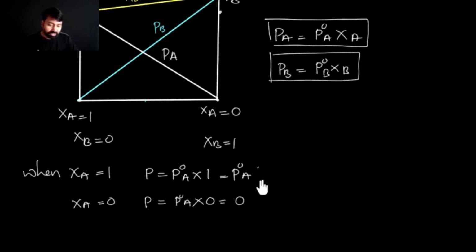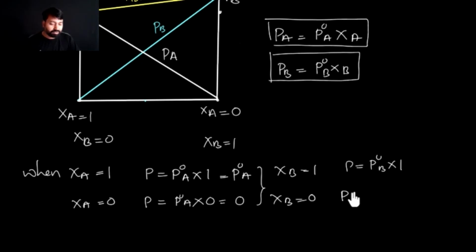The same thing we can write for B also. When xB equals 1, in that case P equals P naught B into 1. Or if xB equals 0, then P is equal to P naught B into 0, and we get 0.